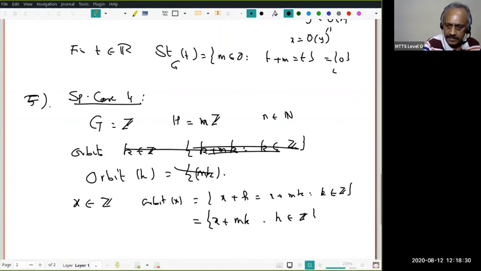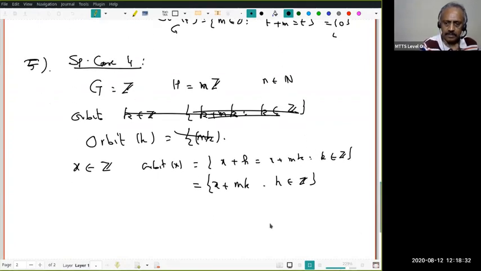You understand this? So the first thing you should notice, which you already know, since H is a subgroup, any orbit has to be a coset. Therefore this is nothing other than the coset x plus H. But notice that if you look at x plus mk as k varies, you can see I have x.